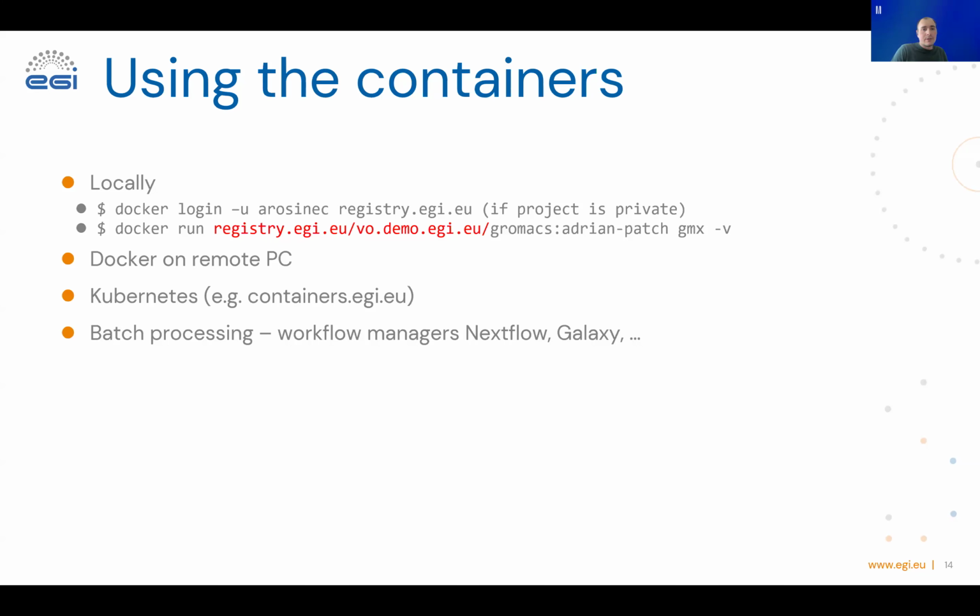This could also be used in batch processing when you are using, for example, workflow managers like Nextflow or Galaxy, where you again specify where the image is stored and it is there.